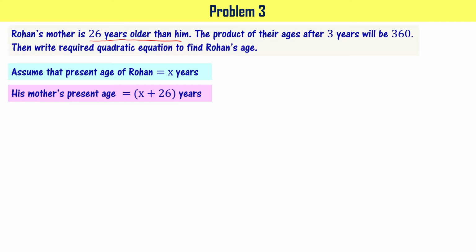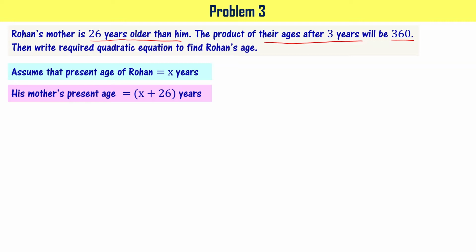And it was given that the product of their ages after 3 years will be 360. It means now we have to write what is Rohan's age after 3 years and what is his mother's age after 3 years, and then take their product such that it becomes equal to 360, right?